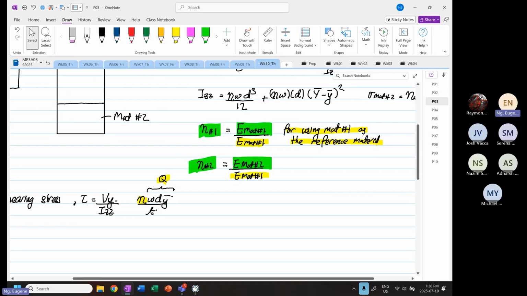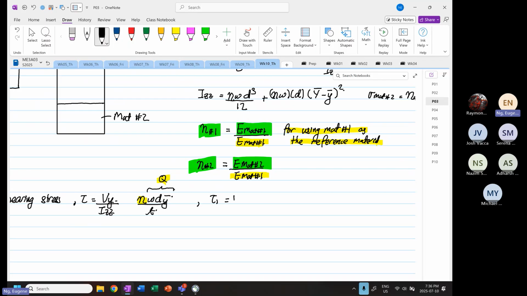If you want to find the shear stress of material number 1, you have Vy over Izz, again held constant, and for number 1, n width depth y bar divided by thickness. And for material number 2, you have Vy over Izz, and for material number 2, n with that y bar over thickness.